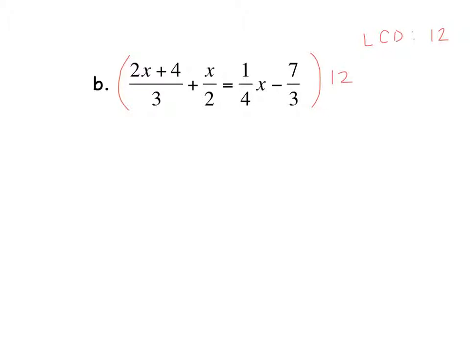All right, so when we multiply (2x plus 4) over 3 times 12, I take 12, I divide by 3. 12 divided by 3 is 4. So we have 4 times the quantity 2x plus 4.